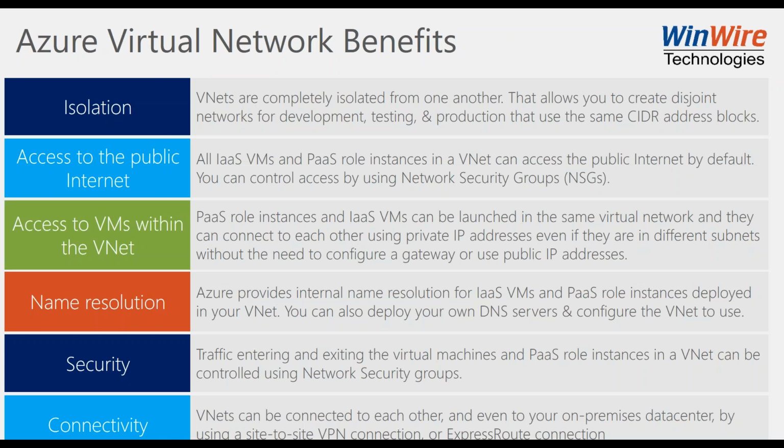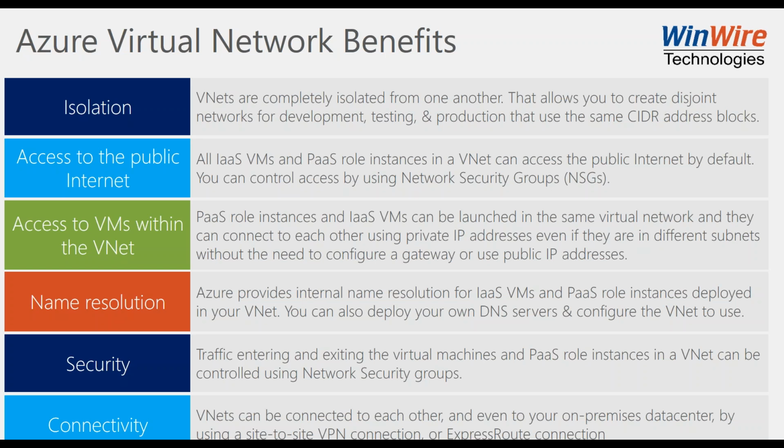Okay, just a couple more benefits. You can isolate your networks. All the VNets have access to both private and public networks. That's all set up, and you can limit all of that through your network security groups. The VMs all have access to each other. In this case, I didn't exactly show it, but the SQL server and the web server had full access to each other. That can be restricted.